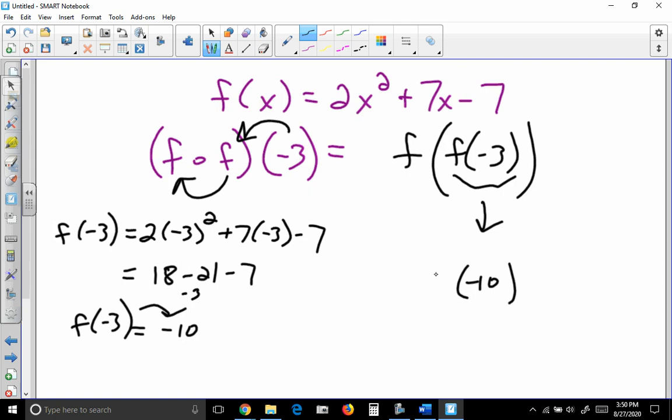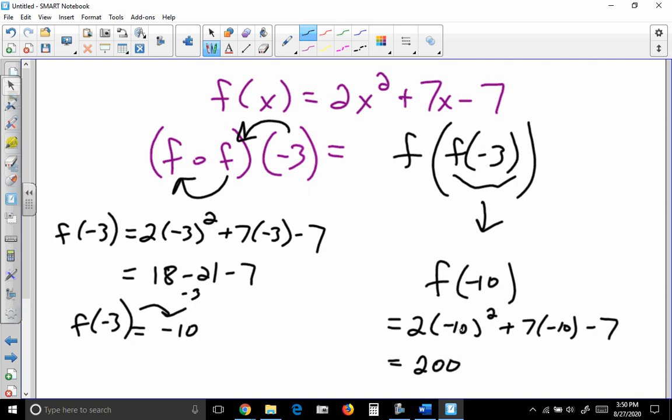Now we're going to take that and plug into the function f also. So f of -10, I'll take our function and put a -10 in. And again, I'm putting parentheses around those just to make sure I don't get signs confused. So -10 times -10 is 100 times 2.